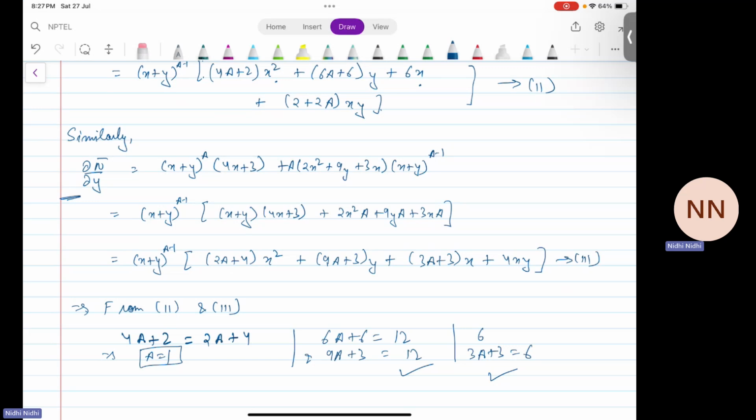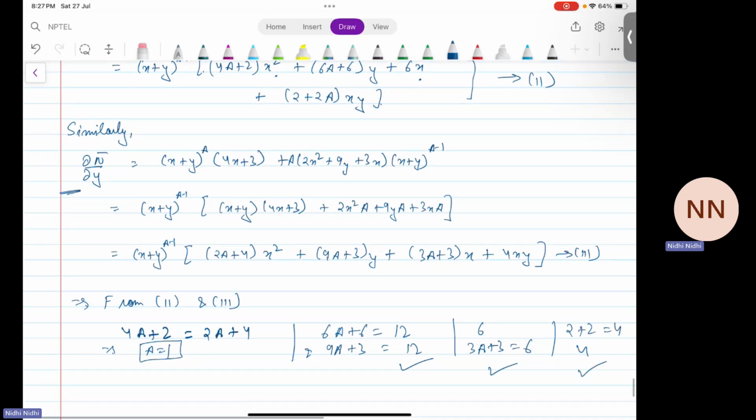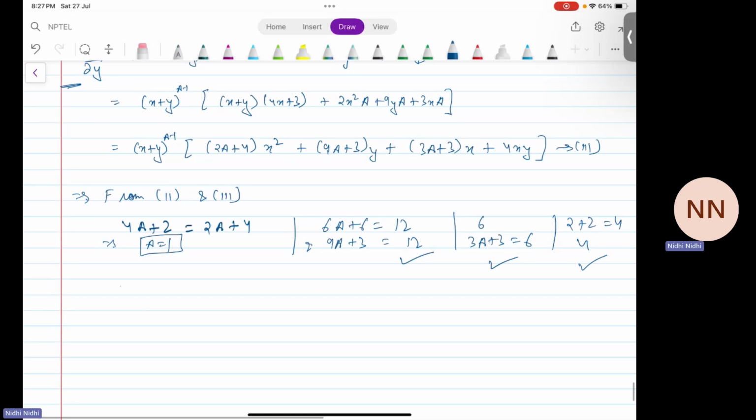We are done with the coefficient of x. And the coefficient of xy. On one side we have 2 plus 2, which is equal to 4, and on the other side we have 4, so done. Therefore a equals 1 will suffice for our problem.